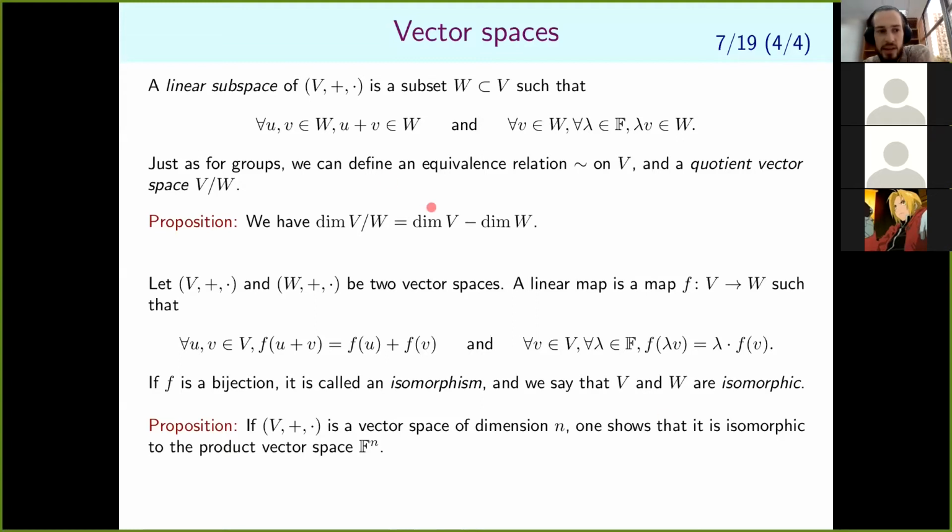What I mean is that if two vector spaces are isomorphic, they will be the same thing for me. So when I say that a vector space of dimension n is isomorphic to F to the n, it means that for me, F to the n is the only vector space that exists. If I understand F to the n, I understand all the vector spaces of dimension n.